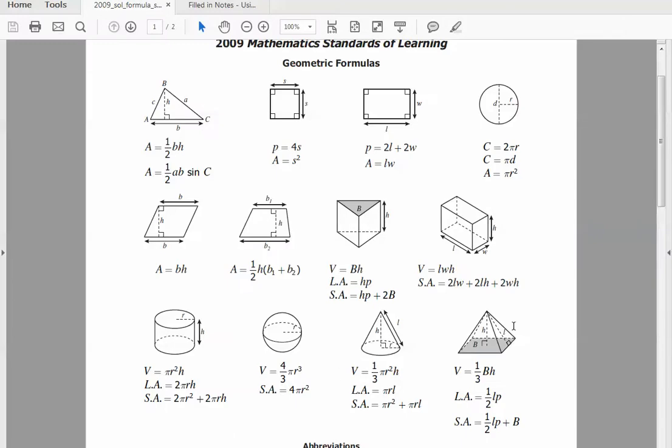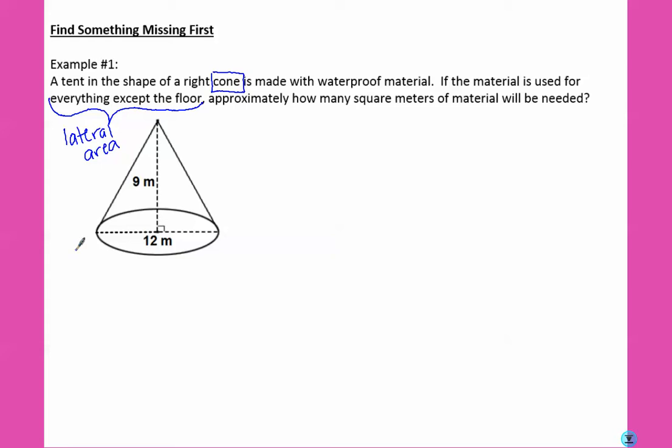Let's look at our formula sheet. Here's our cone. The lateral area is pi r L. Well, the picture doesn't tell us what r is or what L is, because r is the distance here.